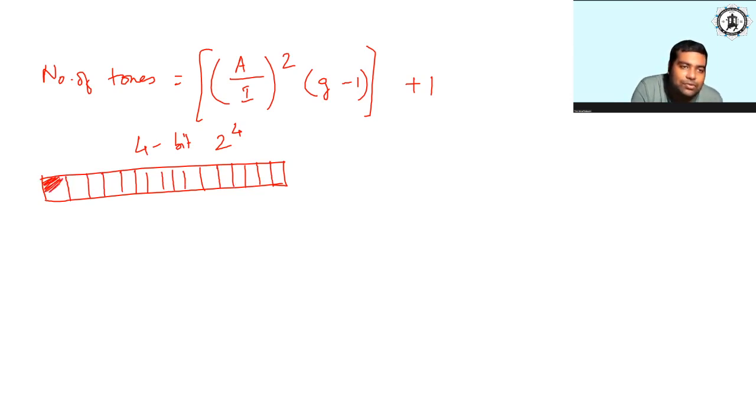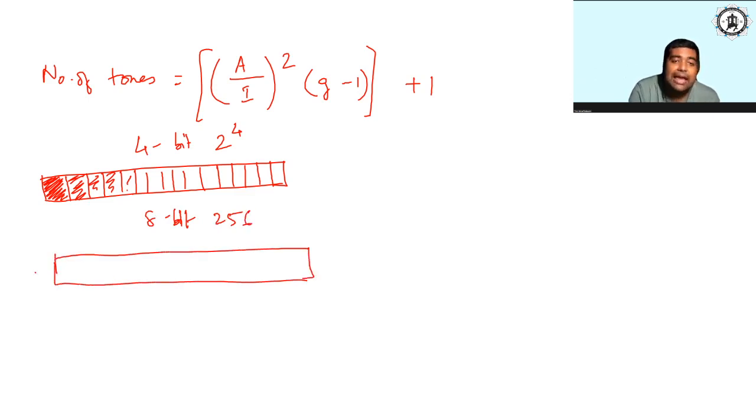So this is how the tones will appear, right? 16 distinct tones. But if you are using an 8-bit system, then the total number of tones is 256, right? The appearance of that grayscale is so smooth that you are not able, as in the case of 16 tones, to distinguish between each tone.